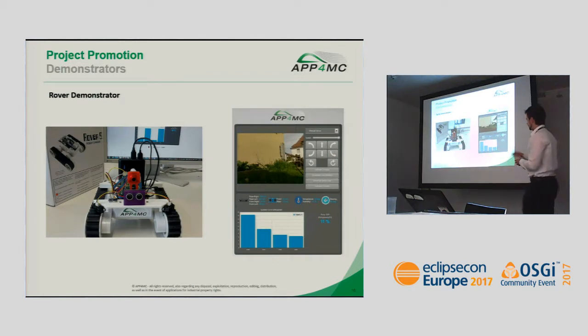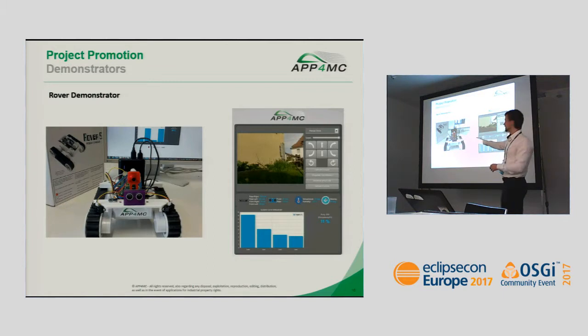On the right part of the slide, you see that the Raspberry Pi creates a hotspot that any computer can connect to, and you open a website that is generated on the Raspberry, and it looks like this. So you can more or less control the rover, so steer it in different directions. You can see the core utilization, and you can also see some sensor values.